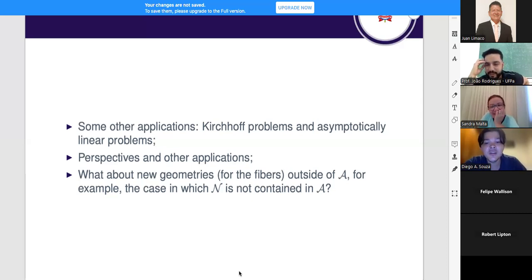Good. And another question is related to the fact that you treat a bounded domain, right? Yes, all the applications were for bounded domains. What about unbounded domains or other kinds of domains? For the abstract result, we are not using some kind of compact embedding or something like that.